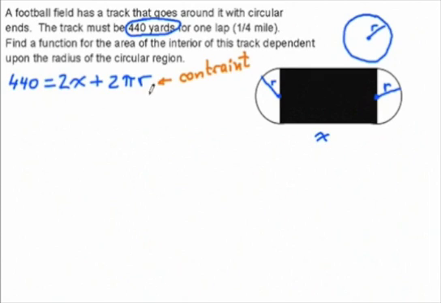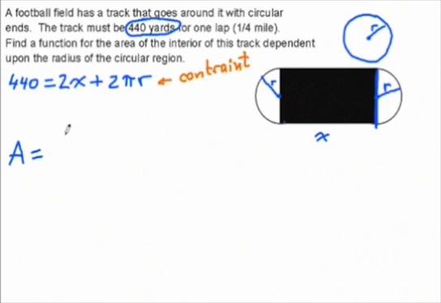Okay, the other part of this is we want to find the area of the interior region of this track. So the area of this is going to be broken up into two pieces, just kind of like the perimeter did. The area of the inside is going to be this rectangle, and the length of it is going to be x. The width of it from here to here is just the diameter of that circle. Well, the diameter of that circle is going to be 2 radiuses.